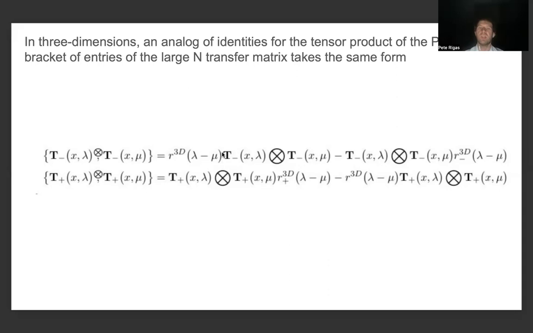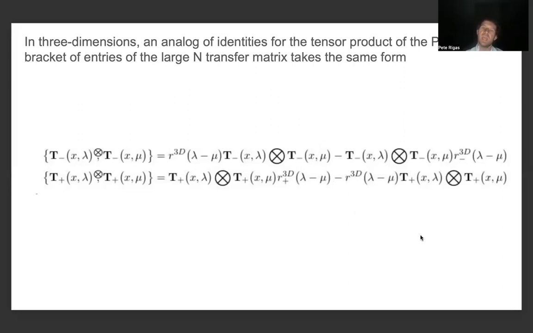As in the two-dimensional case, it's also reassuring to observe and convince ourselves that this identity for the tensor product of the Poisson bracket has an equality in which we look at some three-dimensional R quantity times T minus, the negative limit of the three-dimensional transfer matrix, which is a tensor product with another copy of the three-dimensional transfer matrix under different spectral parameters.